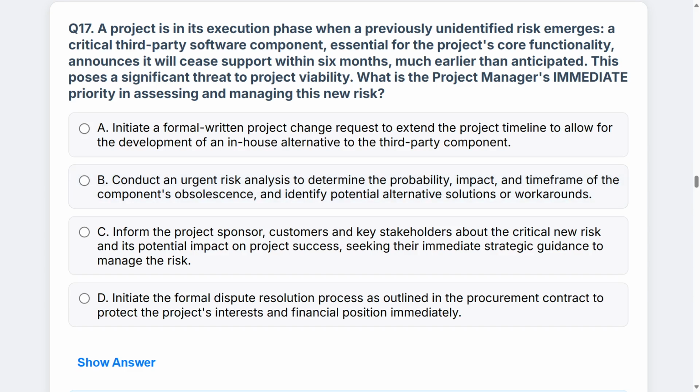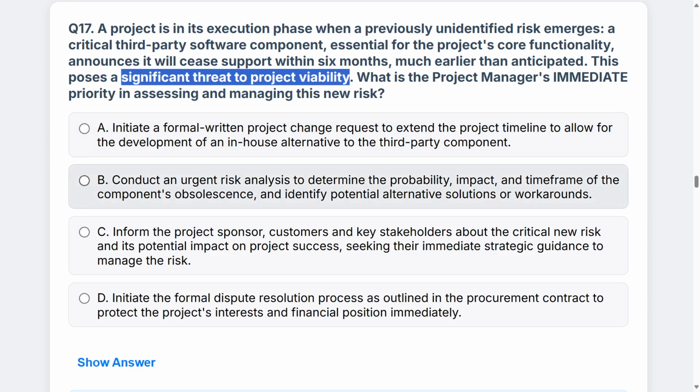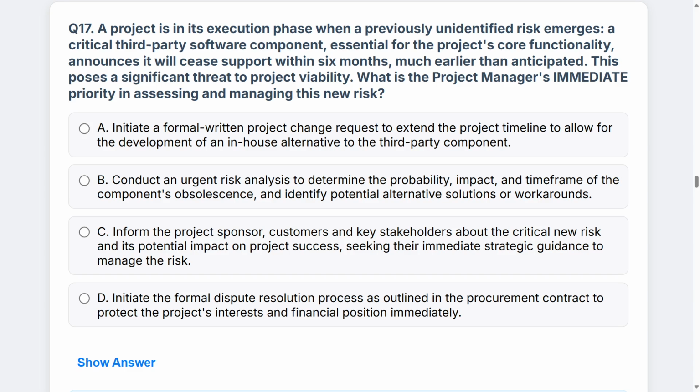But if I read the question, it seems as though the word will helps me know this is highly probable. And then the impact, while I haven't quantified it, it does say a significant threat, not only to one piece, but project viability. So to some degree, it seems like some of the things being suggested have been done, at least at a high level, because it was previously unidentified. So I can infer that we have a high level understanding of the risk, but not the detail.